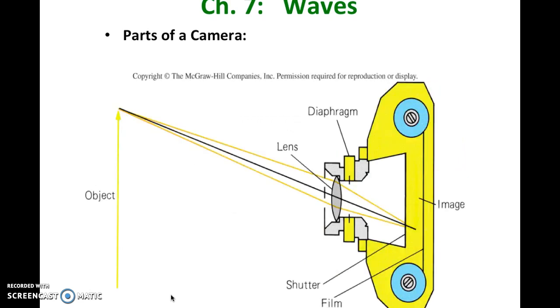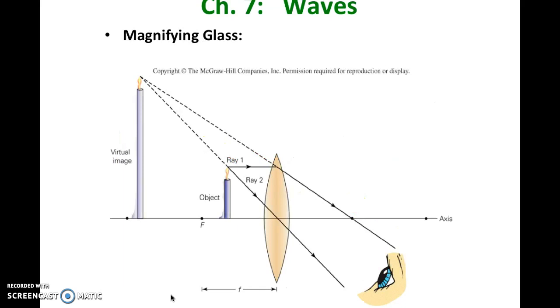A camera uses a convergent lens to form a real image on the film. A convergent lens can form a magnified virtual upright image when the object is close to the lens.